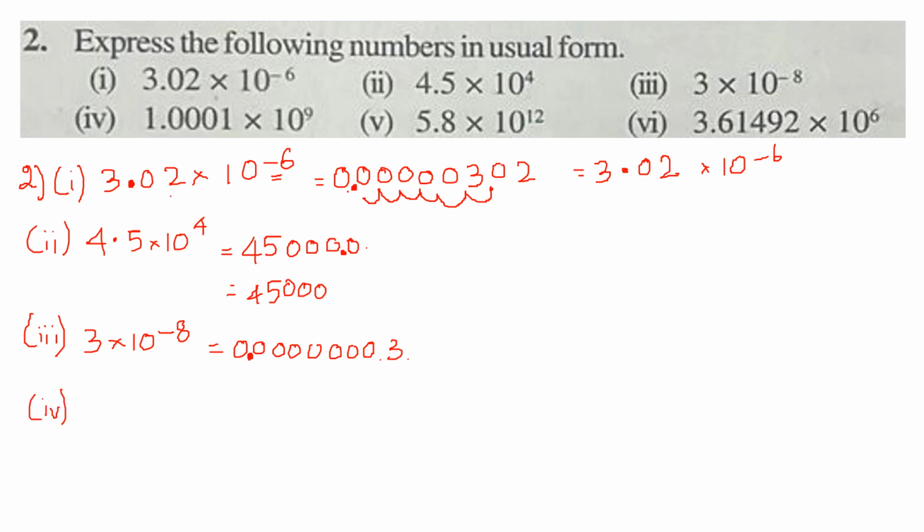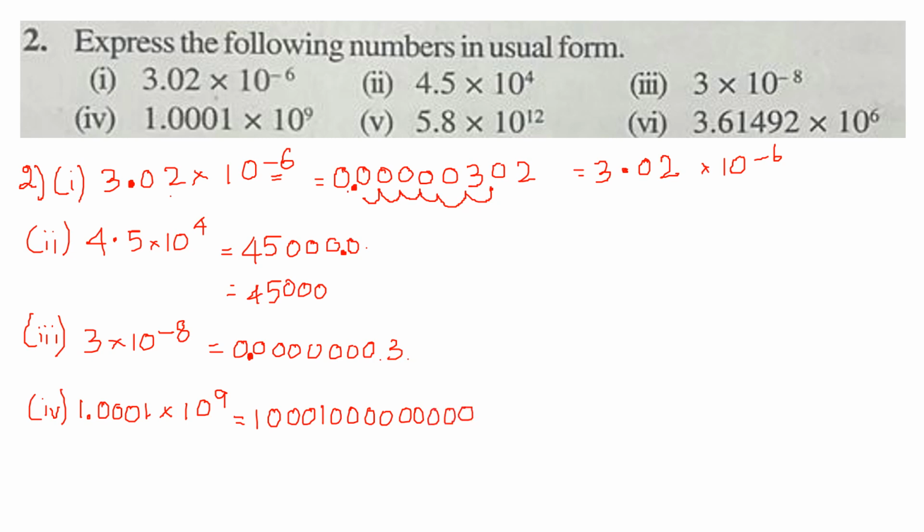Moving on to the fourth question, we are given with 1.0001 into 10 to the power 9. So it is a positive power. So just write 10001 followed by 9 zeros. 1, 2, 3, 4, 5, 6, 7, 8, 9.